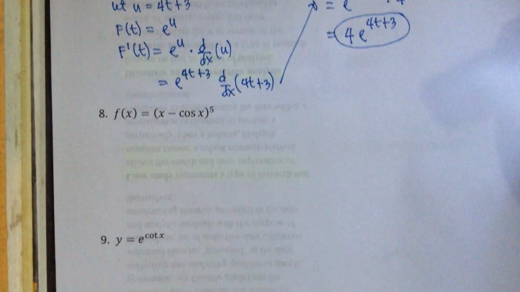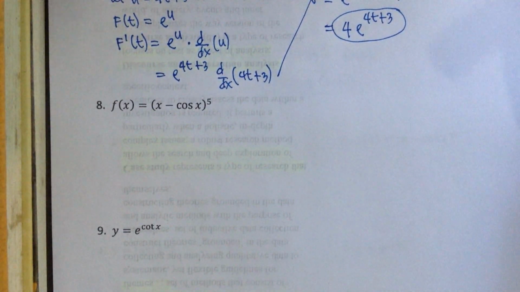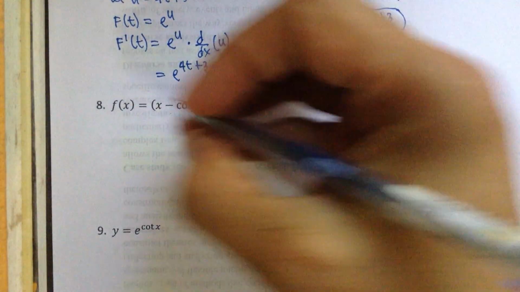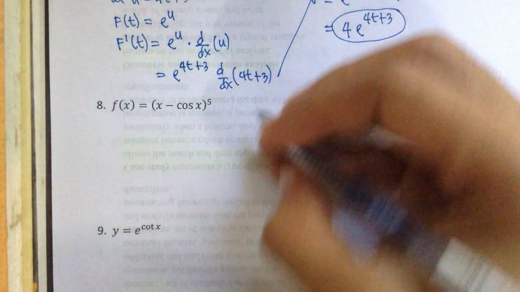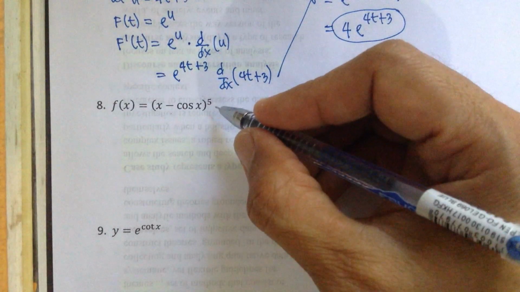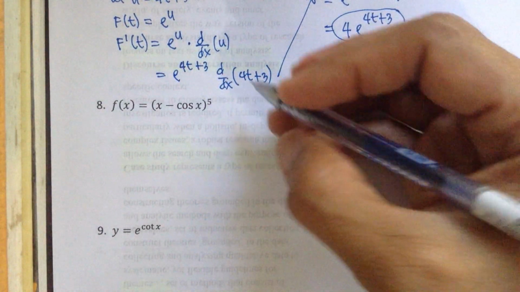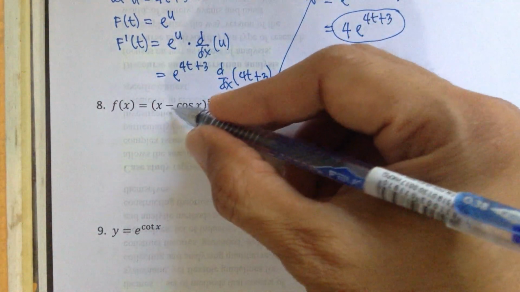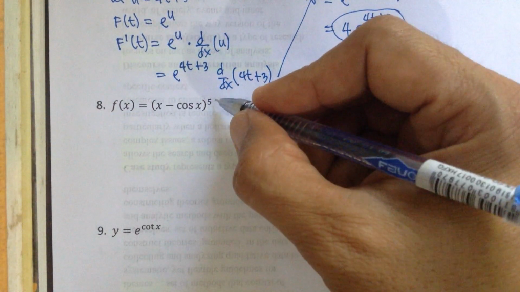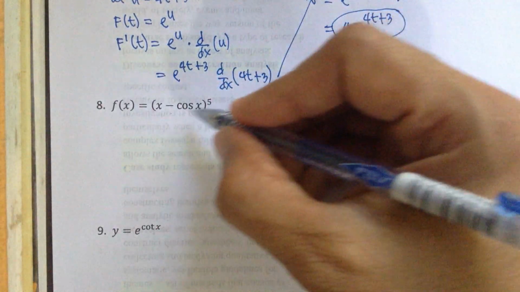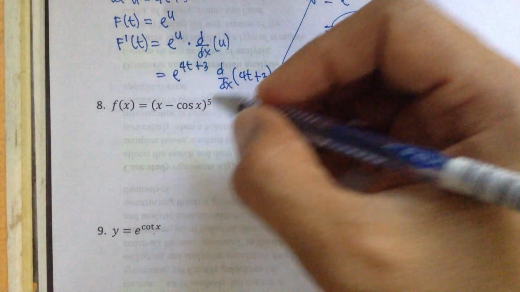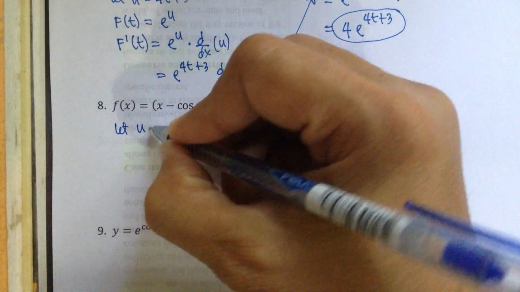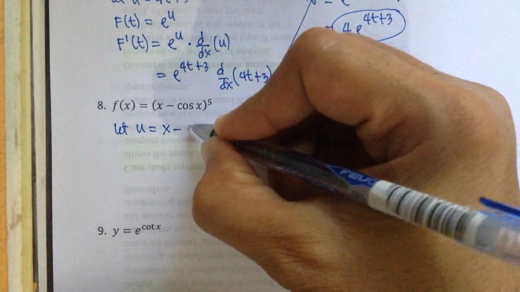Next problem. Okay, number 8. This time we have f of x equals (x minus cosine x) to the 5. Whenever you have a certain function that is raised to an exponent, the one that is inside the parenthesis is the obvious choice of your u.